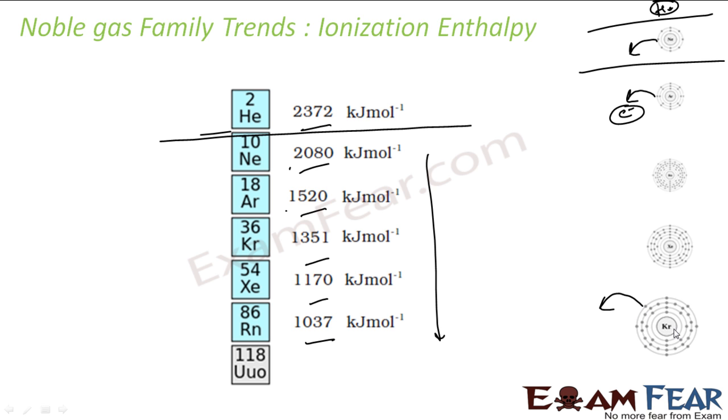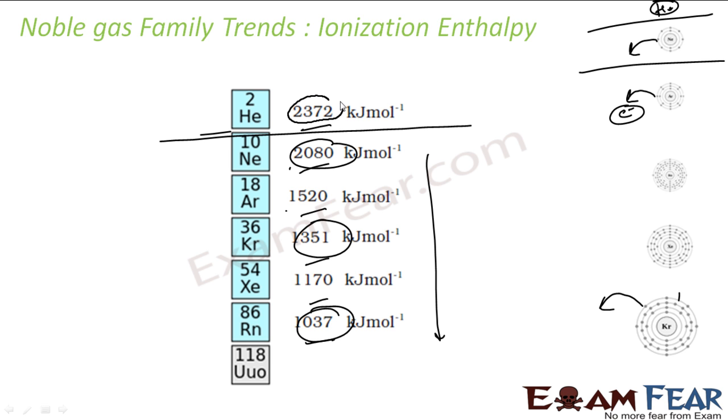So it is easier to pluck an electron from krypton than neon comparatively. So you need a little less energy to pluck an electron from krypton than from neon. For neon, maybe you need 20-80 kilojoule per mole energy to pluck an electron. For krypton, you need only 30-40 51 kilojoule per mole energy to pluck an electron.